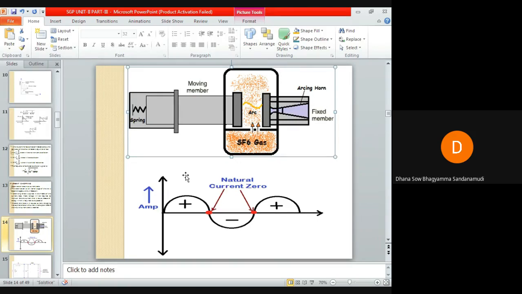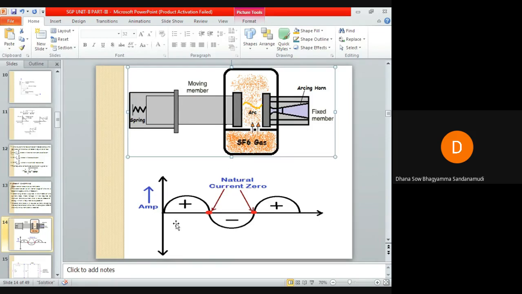So in practice, it is observed that while interrupting magnetizing currents, which are low inductive currents of an unloaded transformer or shunt reactor, rapid deionization will occur between the contacts.